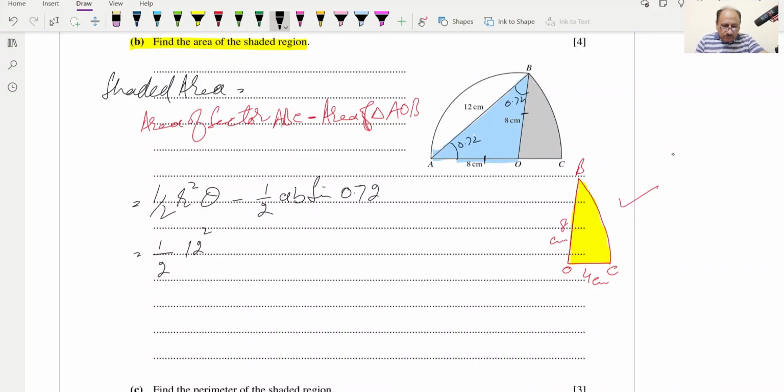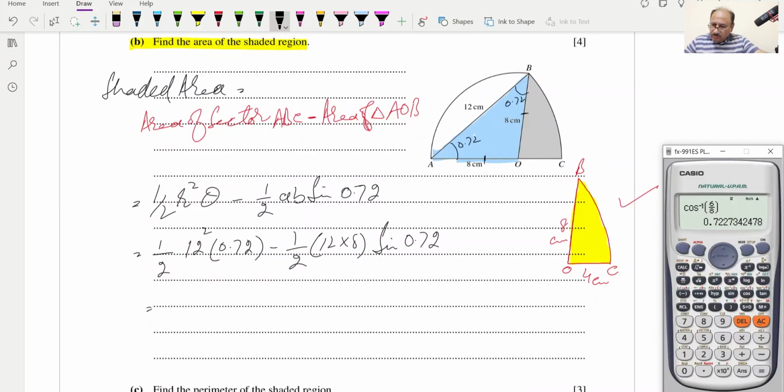So 1/2 × 12² × 0.72 minus 1/2, one side will be 8 and the other side will be 12, so it will be 12 × 8 × sin of 0.72. Further we can simplify this in one go.